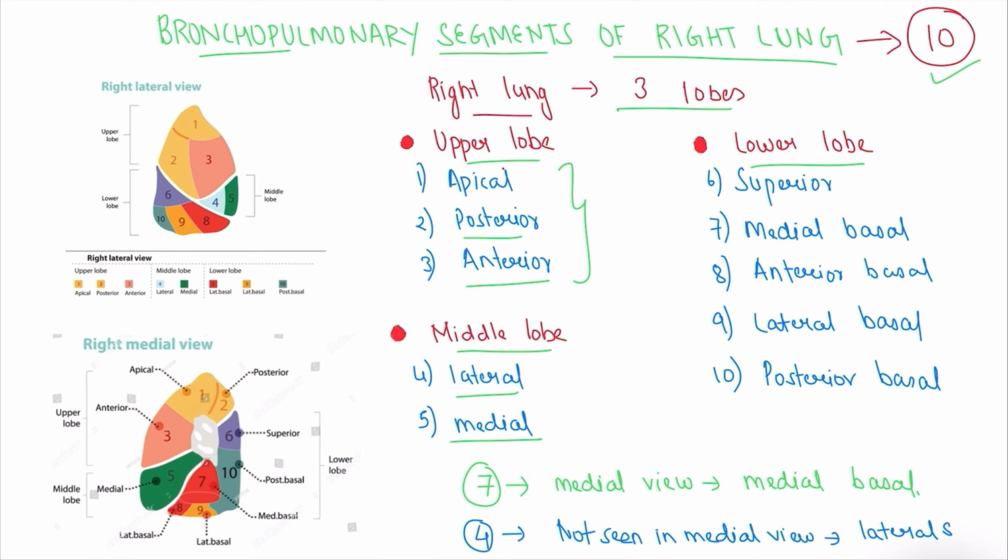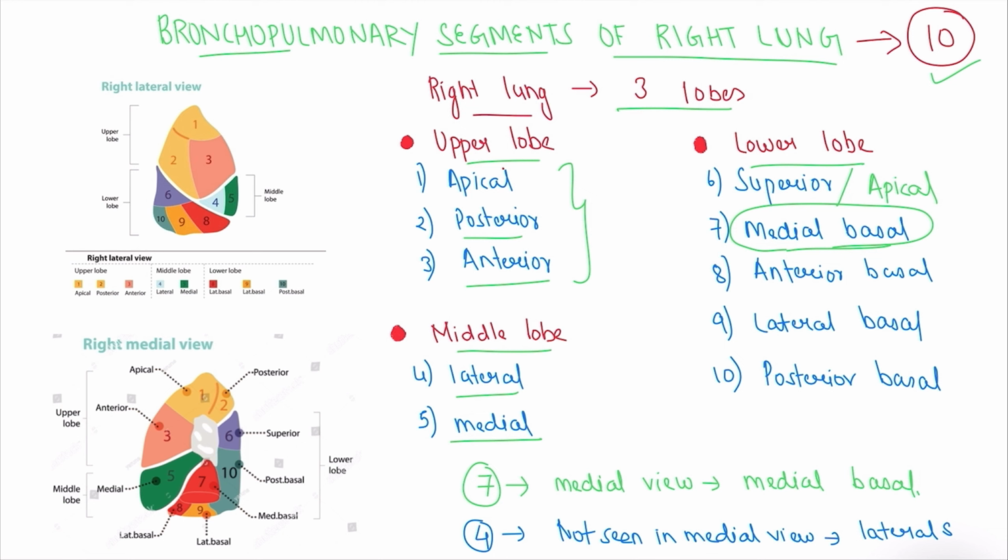In the lower lobe there are a total of 5 segments. The sixth one is the superior, also called apical, and the seventh one is the medial basal. The medial basal is not seen in the right lateral view. We have to see that in the right medial view. It can only be seen on the medial view of the right lung.